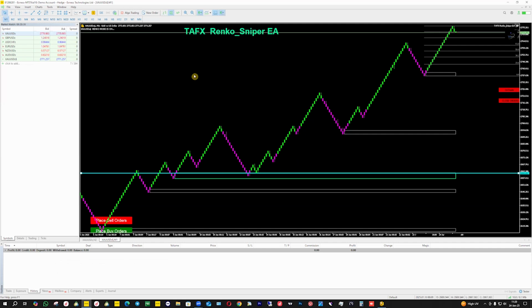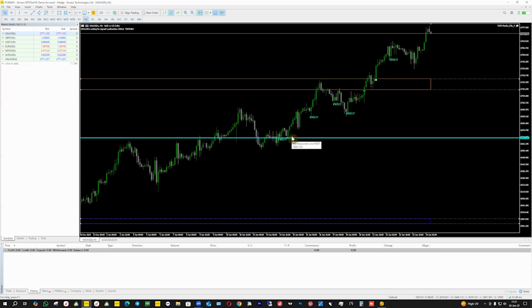And I just want you to watch this closely, because the best thing with this Renko is that, by default, it is coded to trade scalping, short or long trade. This is where you can see we have only 3 signals there. But here you can see we have 1, 2, 3, 4, 5.